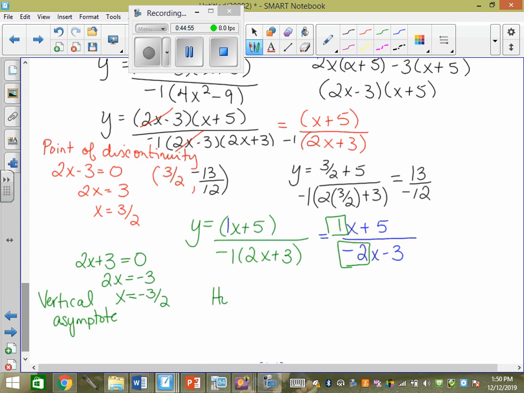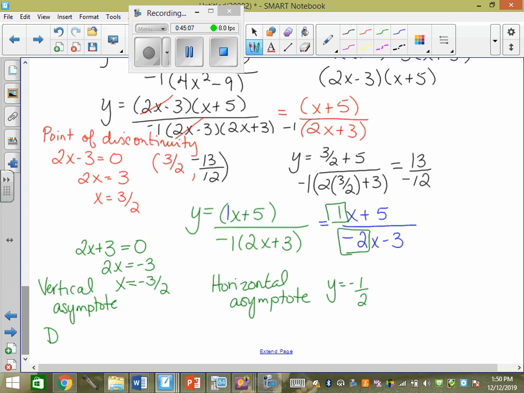So we have a horizontal asymptote at y equals -1/2. And then if I stayed in my domain and range, my domain would be x such that x cannot equal 3/2 or -3/2 because of the point of discontinuity and the asymptote.